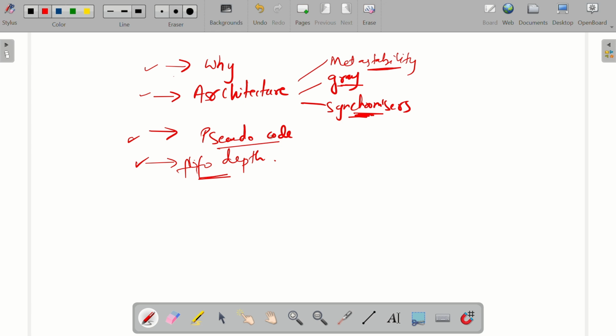Next, we looked at the pseudocode where all the submodules are explained using the write pointer, read pointer handler, full flag, empty flag, how those conditions are obtained, and the FIFO memory synchronizers. Next, we also understood the numerical. In order to understand FIFO depth, we took a look at a simple numerical.